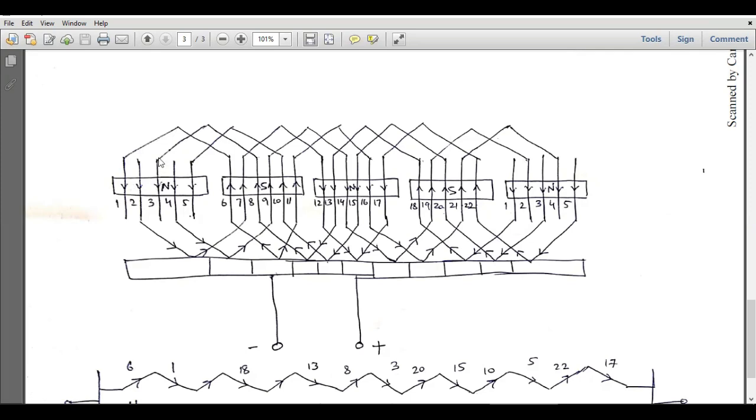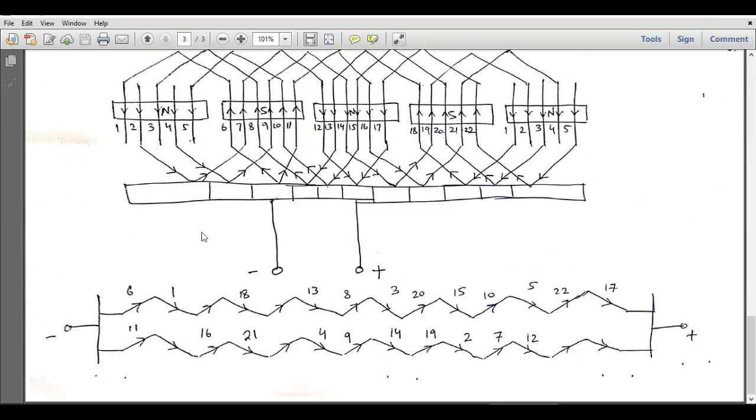Slot number 3 is connected at the top side and it is connected at the bottom side. Slot 4 is also connected at the bottom side and it is also connected at the top side. Slot 5 is connected at the top side and it is also connected at the bottom side, and all other slots have also been connected to the other slots. So it means winding has been completed and it is correct.